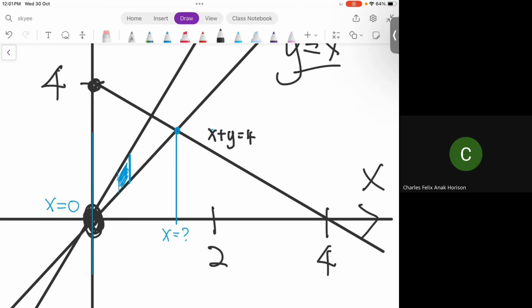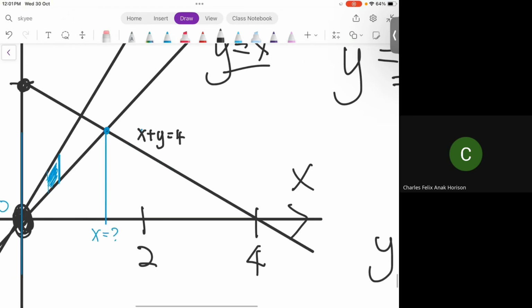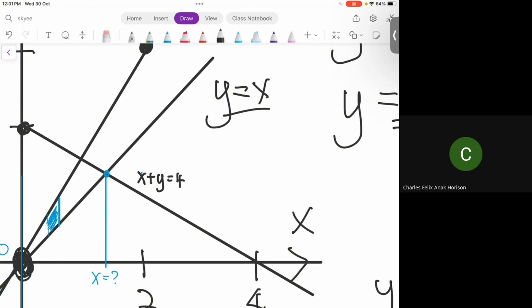So in order to get this x value, you have to solve simultaneous equations. You can solve using your calculator. Try to learn how to solve. If you want to solve manually, you link these two together, meaning that you replace the y here. So it will be x plus x equals to 4. So 2x is 4 and x equals to 2.